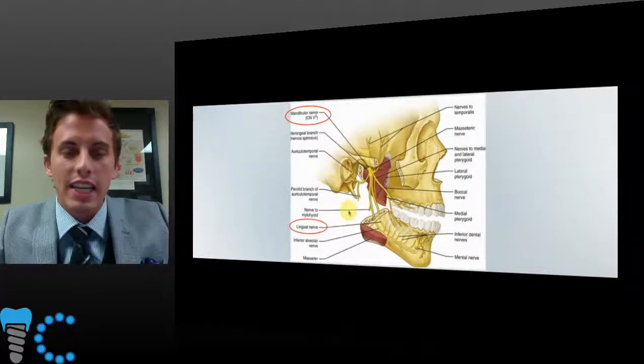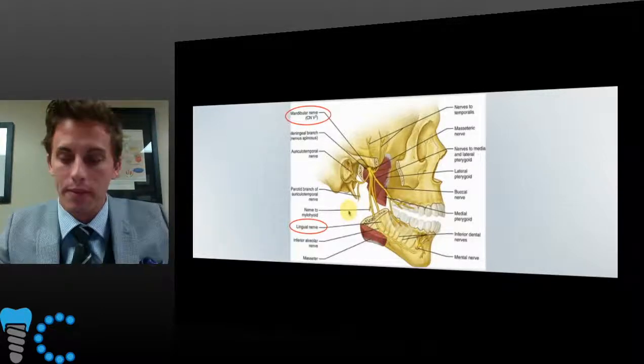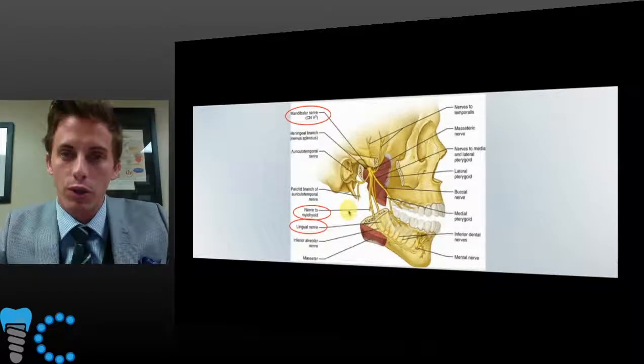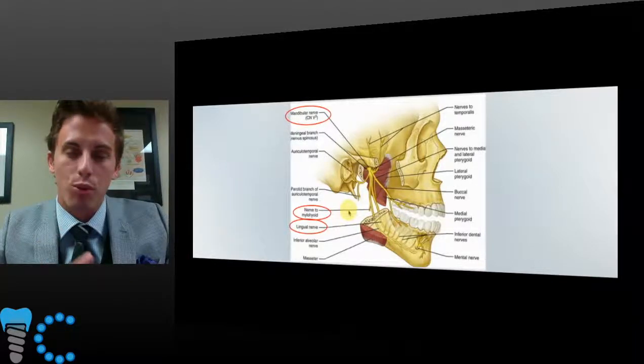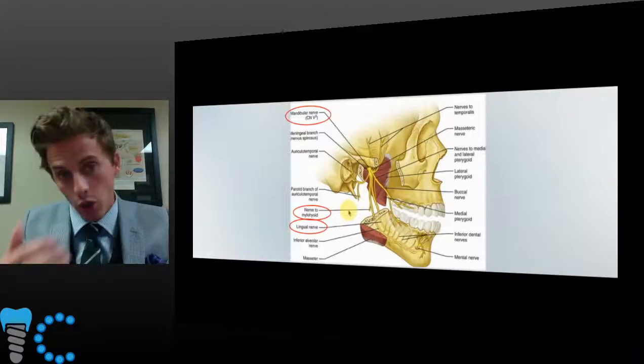It then gives off a branch called the lingual nerve, which I'll discuss shortly. We also have a nerve to the mylohyoid that a lot of people aren't familiar with. This actually provides motor function to the mylohyoid and the anterior belly of the digastric. And this branch occurs right before the inferior alveolar nerve actually goes into the foramen.